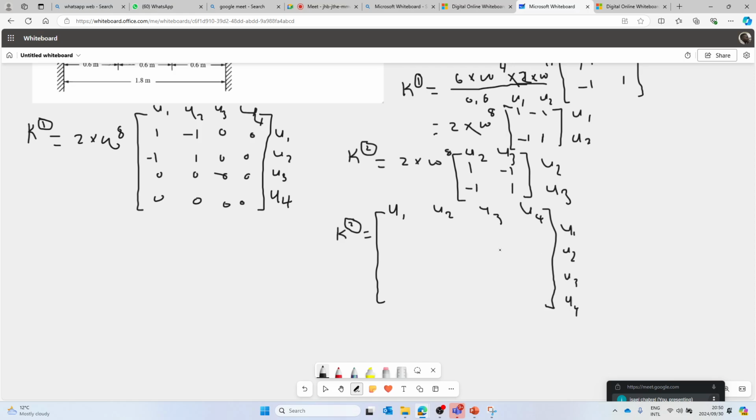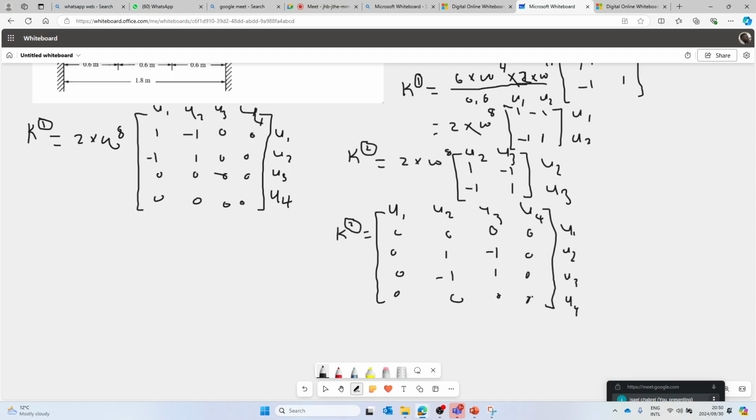U2 is here, U3 is here. So 1 would be here, minus 1 here, minus 1 here, and then 1 here. The rest is 0. Easy as that, guys. You just put 0 everywhere. You have expanded it to a 4 by 4 matrix.